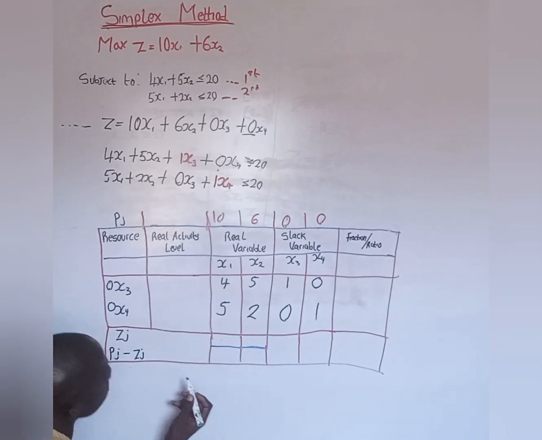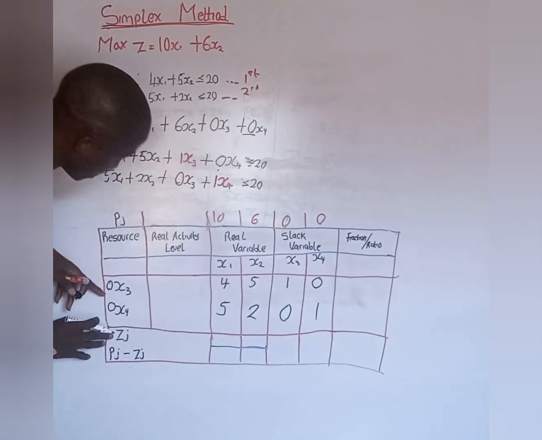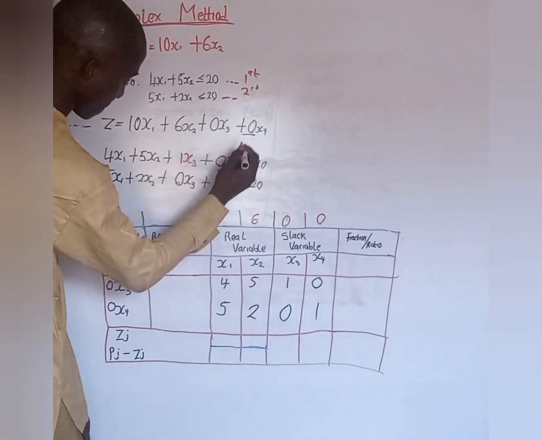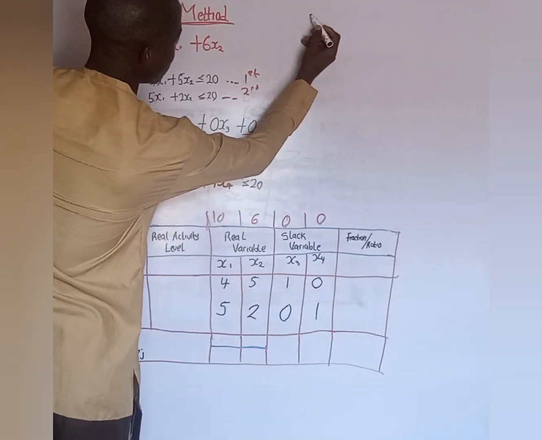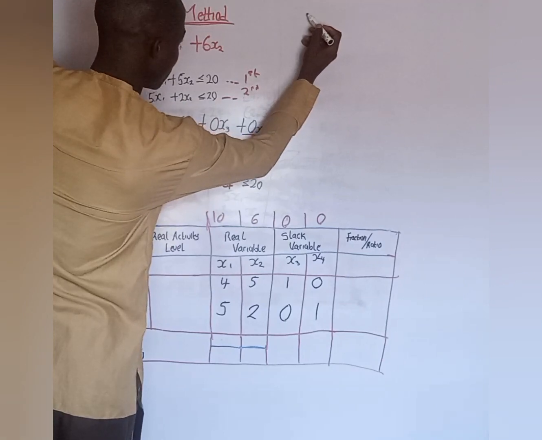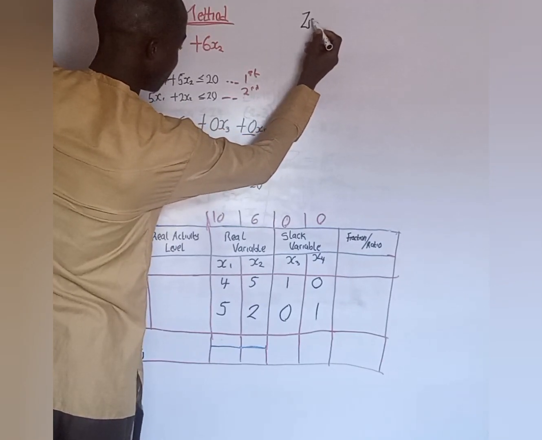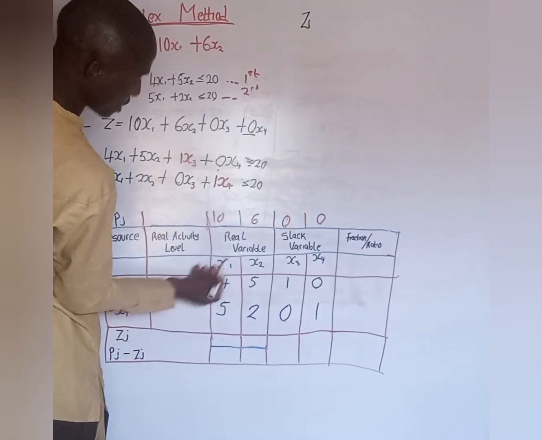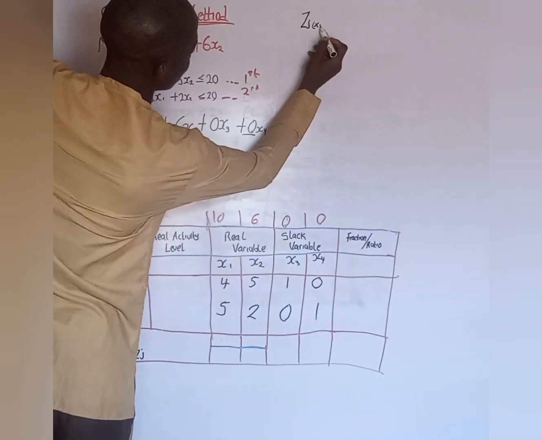This is how to get it. Let me call it zj of x1.